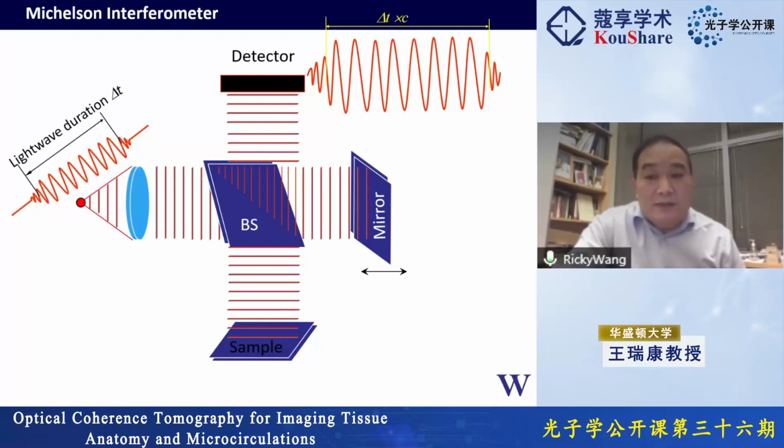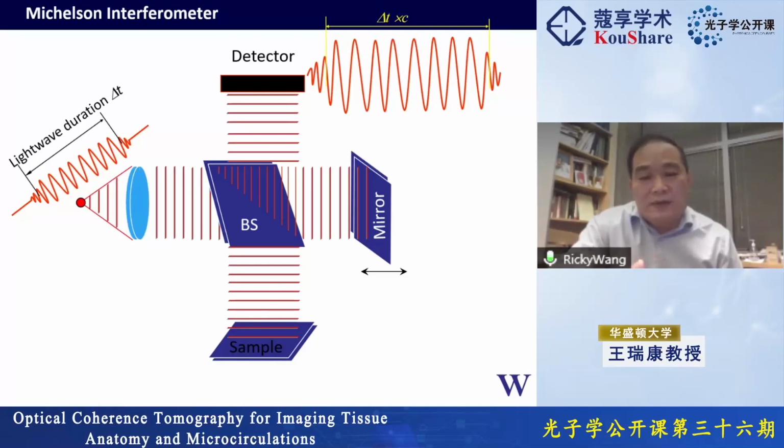For example, I give you a white light source with a coherence length of 1 micron, and then I let you construct this system. I think that will be pretty challenging, right, to get the signals at the detector, because if you want to get the signal at the detector, you have to match the optical path length in the reference arm and the sample arm with a tolerance of 1 micron.